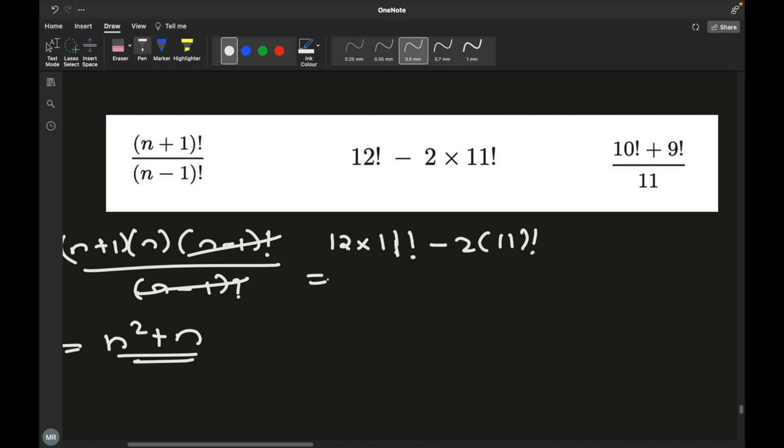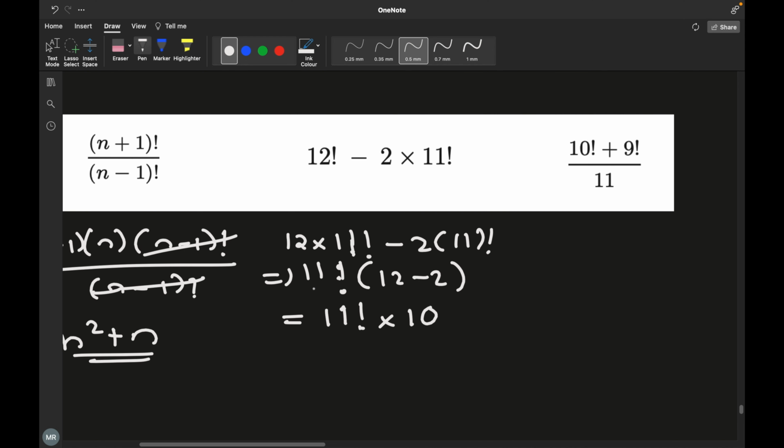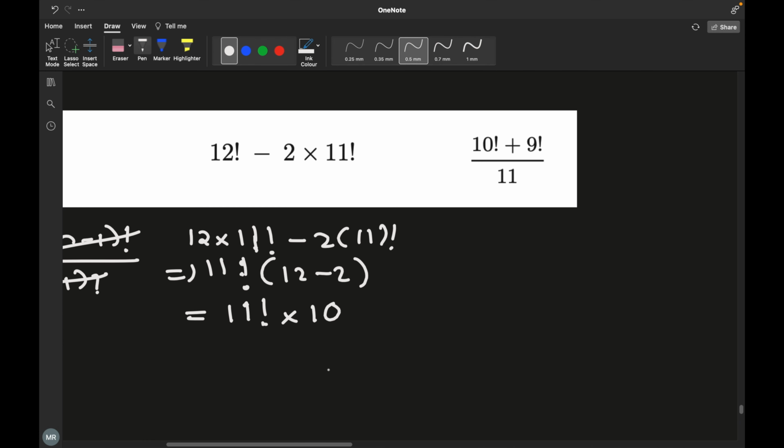Let's take 11 factorial as common. 11 factorial, 12 minus 2. This is going to be 11 factorial into 10. We can leave this in this form. And now let's do the same with this. We can write 9 factorial into 10 plus 1 divided by 11. This cancels out. We're left with 9 factorial.